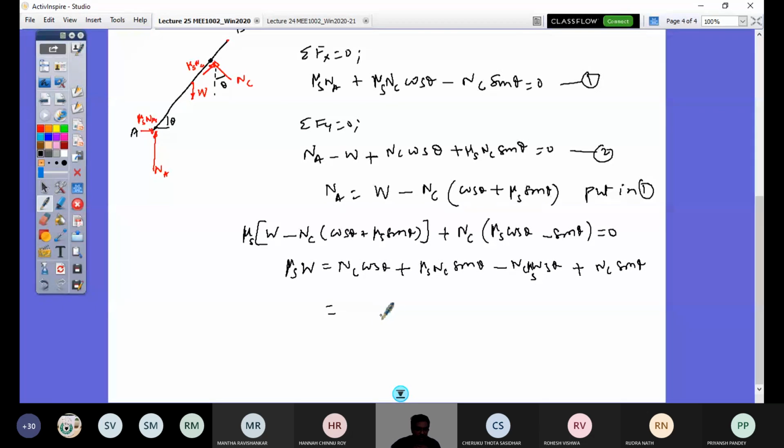There should be some cancellation terms which are missing here. One minute. This minus minus, if I put that here, I keep this mu s W on one side and take this to the other side, so that's positive.